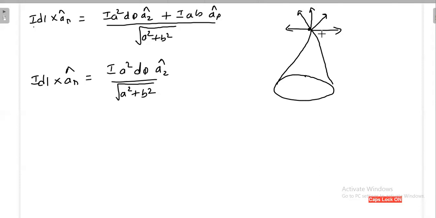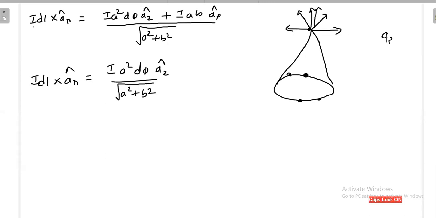Those horizontal components are in opposite directions, only the vertical component adds together. Similarly, if you choose some other symmetric point, finally you get a vector in the ρ cap direction. All will cancel each other, going in opposite ways when you take symmetric points.